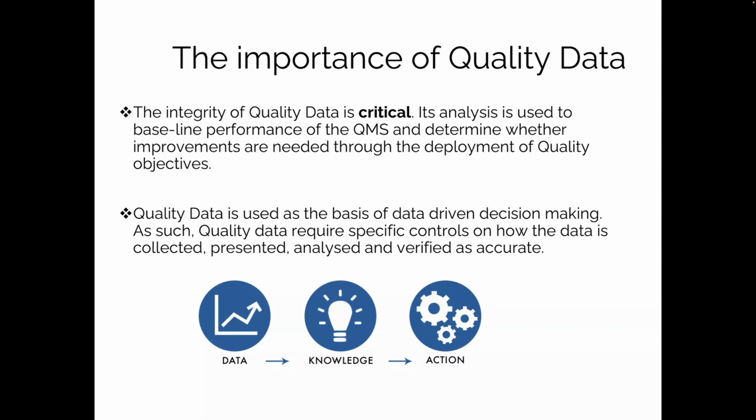It becomes important when you gain knowledge about how the organisation is behaving, and that then derives action. But again, it stems from the original quality data, hence the importance of making sure that data is good, solid data to make decisions on. Obviously, if your data is weak or patchy or even wrong, you're going to make the wrong decisions, and you're going to go in the wrong direction in terms of a quality organisation and the changes you want to make.